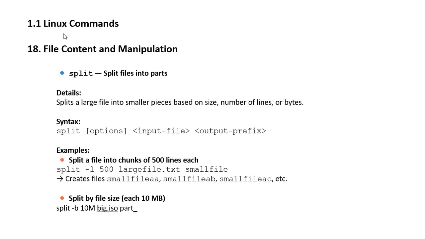The next Linux command subtopic is file content and manipulation. The first command is split, which splits the files into parts. It splits large files into smaller pieces based on the size or the number of lines or bytes.